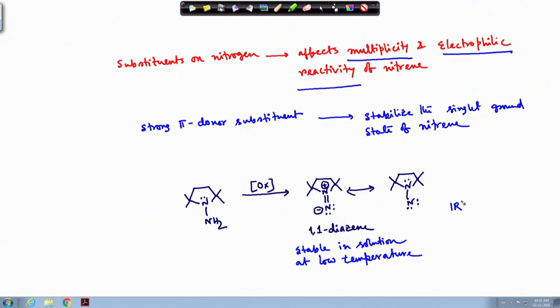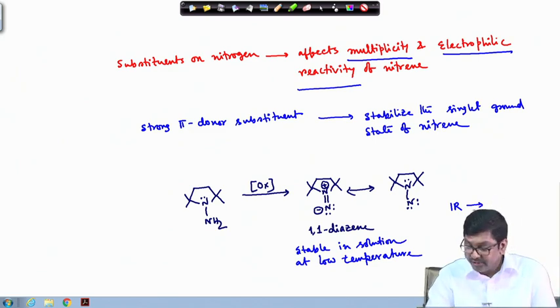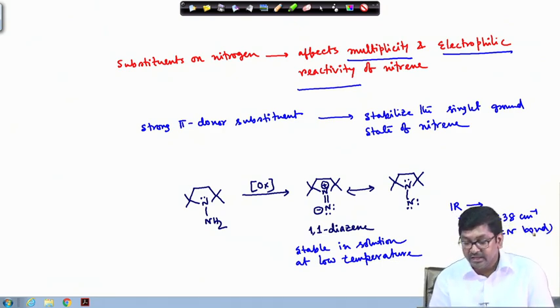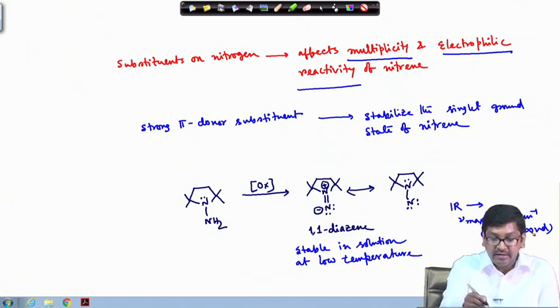So, this is called IR spectroscopy, and here nu max is around 38 centimeter inverse. Okay. So, due to this bond, through IR it can be visualized and detected.